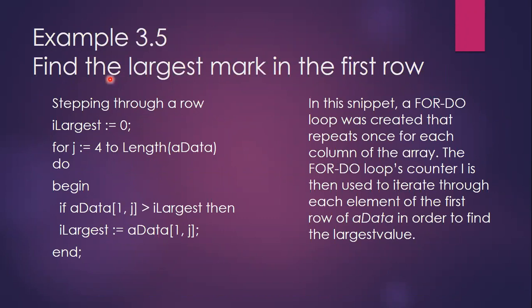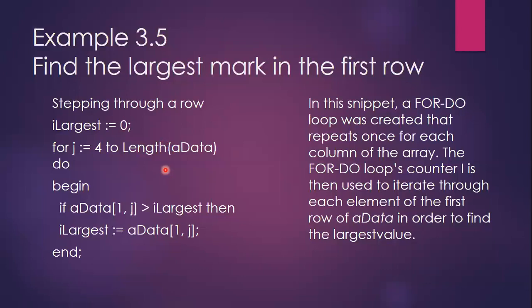This says find the largest mark in the first row. So how I'm going to do this, I'm going to step through a row. I'm going to assign I largest to 0. So I initialize it to 0, and then I start my outer loop. For J from 4 to length A data.